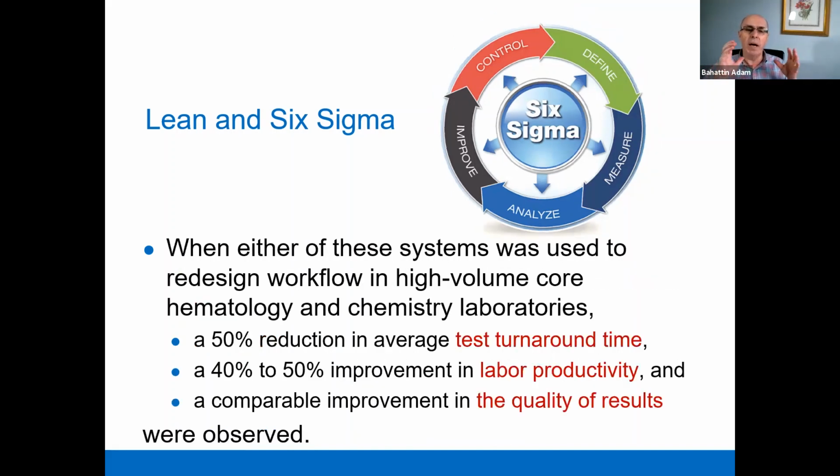Now, when either of these systems, Lean or Six Sigma, was used to redesign workflow in a high volume core hematology and chemistry laboratory, the research showed us that by implementing a Lean or Sigma management system, you will be able to achieve a 50% reduction of average test turnaround time, a 50% improvement in laboratory productivity, and also a comparable improvement in the quality of the test results.